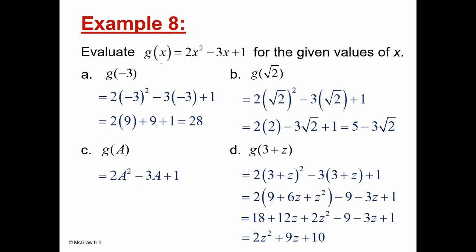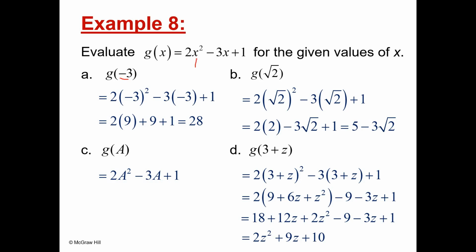This is another example, a different function, g of x is equal to x squared minus 3x plus 1. Try different values of x, like x equal to minus 3.